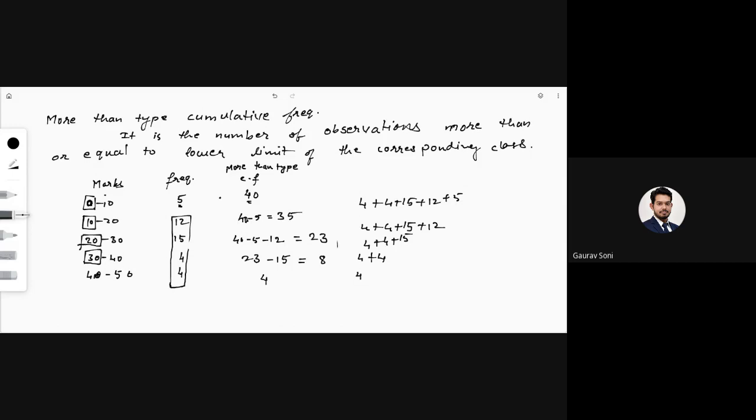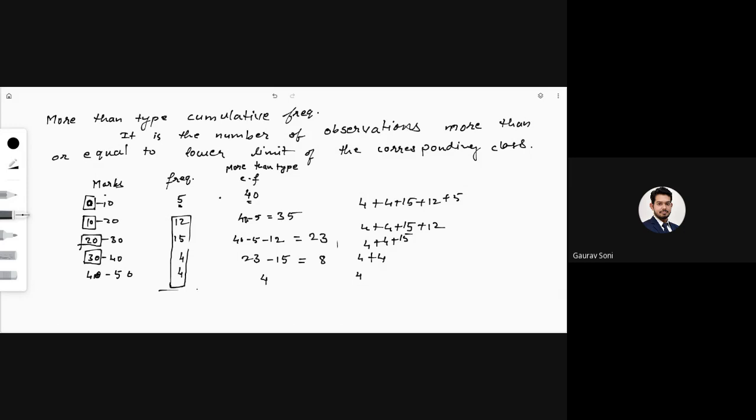Now you need to answer me. How many students have scored more than 0 marks? 40 there are. Yes, exactly. That will be the total of all of these, so the total is 40.